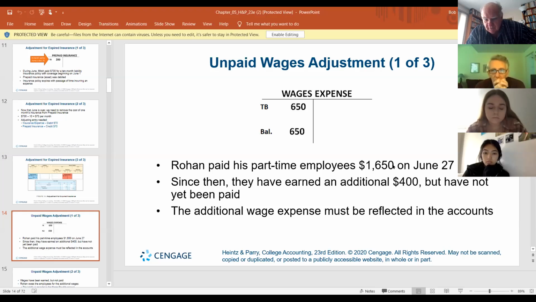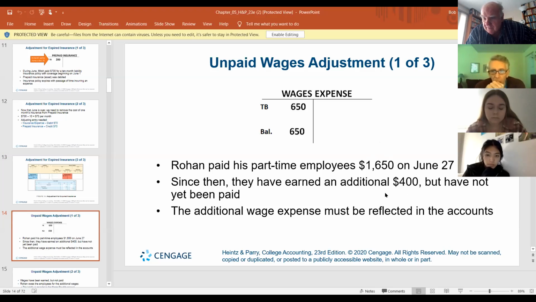Now after June 27, Riley, you worked a few days and earned $400 from the 27th to the 30th, okay? That expense, that $400, belongs in June. But payday may not be for 2 more weeks yet, right?